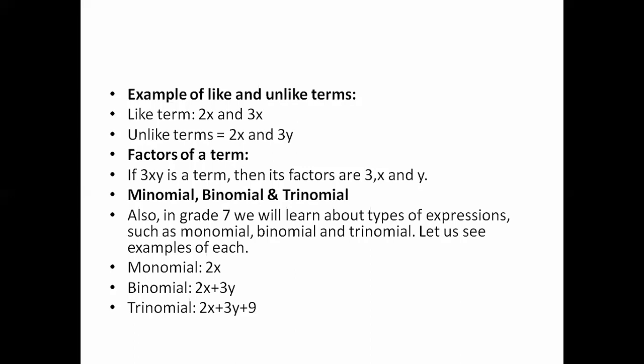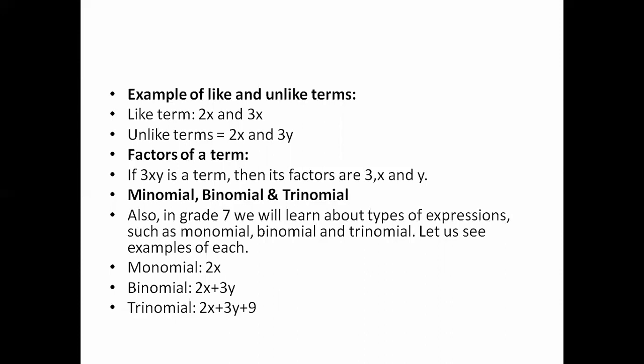Unlike terms are the terms which are having different variables, like 2x and 3y. Now, the next one is factors of a term. What are factors of a term? If 3xy is a term, then its factors are 3, x and y.